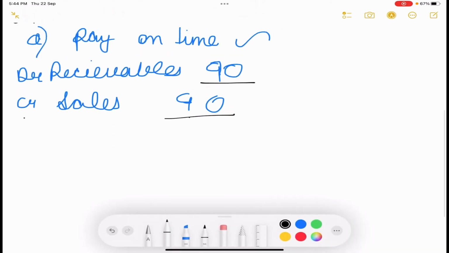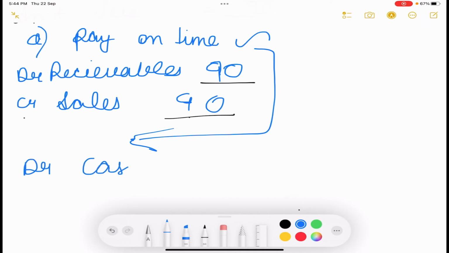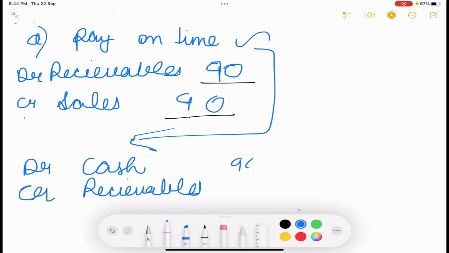Now let's see. If they paid on time, what will happen? We will be receiving the cash and we will be crediting the receivables with 90. Why? Because they have paid on time. Since they have paid on time, however much amount was due from them, that much we will receive from them.